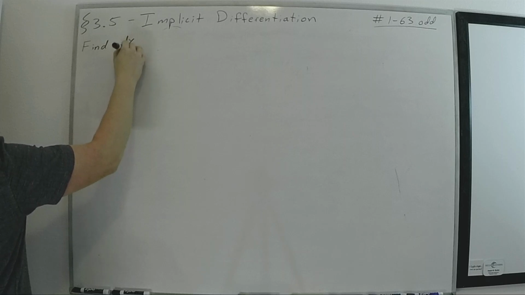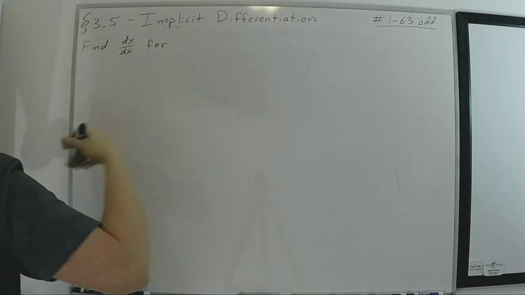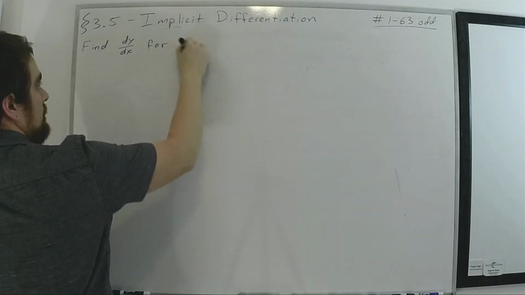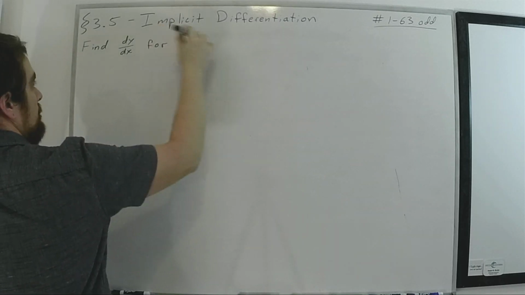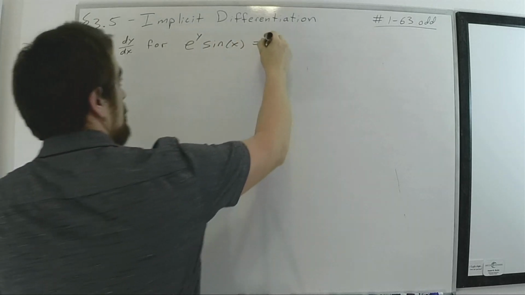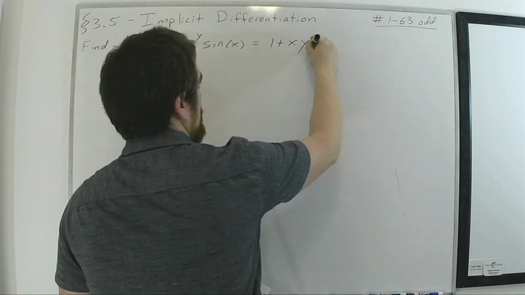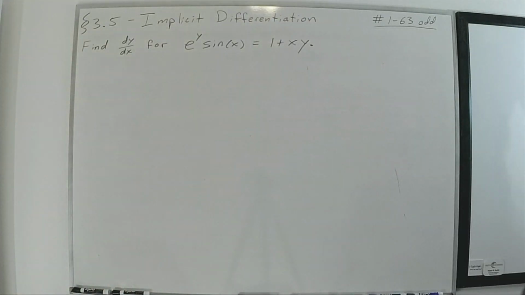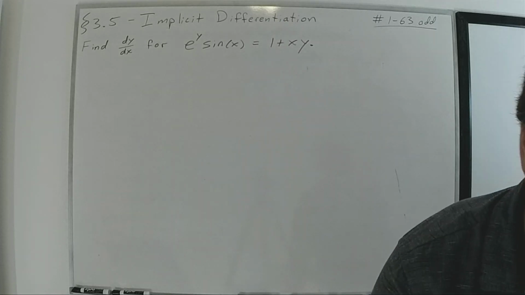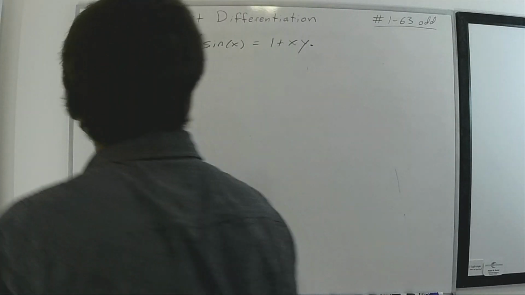Find dy dx, and of course implicitly: e to the y sine of x equals 1 plus xy. Like I said, I want to do one where it's not just a constant on one side. So let's take a look.